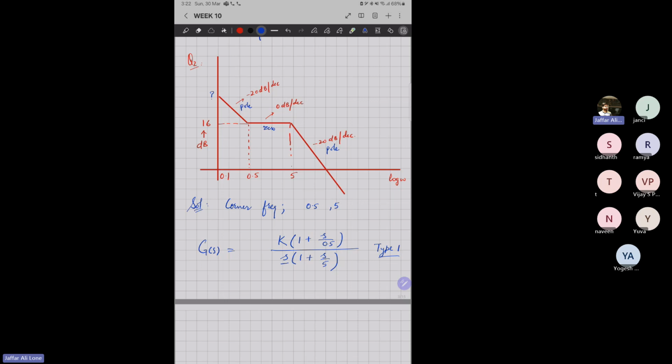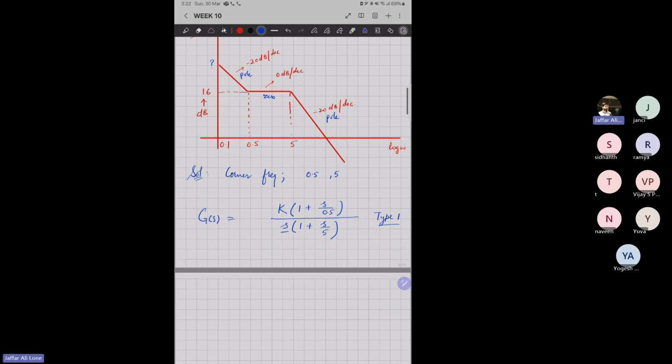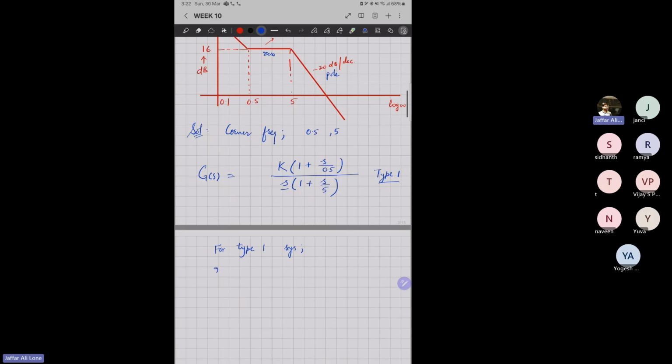Now the task is to find the value of k, right? Initially I wrote 20 log of k is equal to magnitude of G j omega, but for a type 1 system, remember this formula: 20 log of k minus 20 log of omega naught is equal to magnitude of G j omega in decibels.